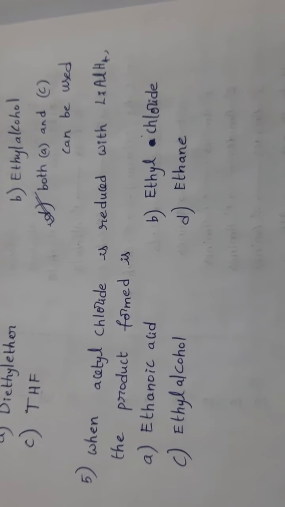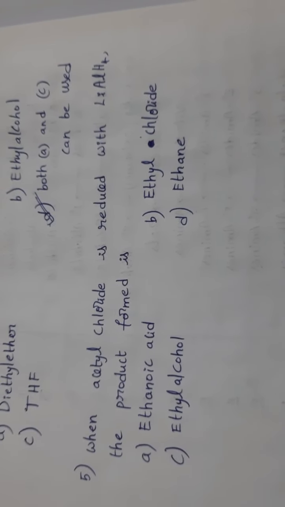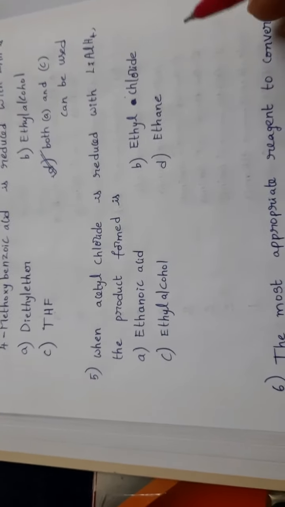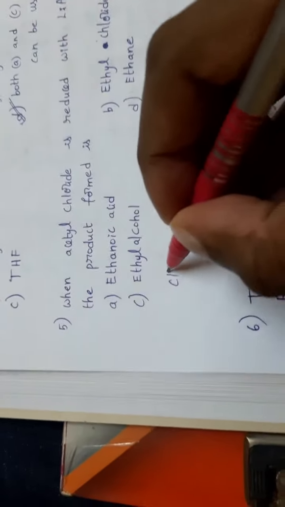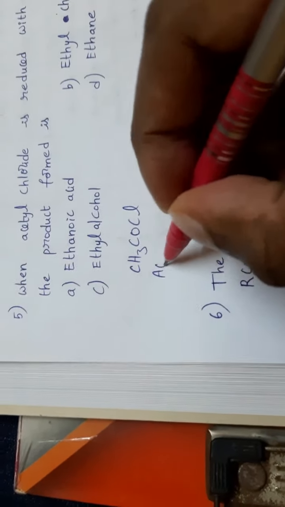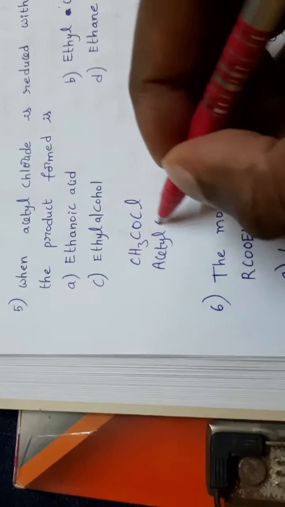Next, acetyl chloride is reduced with LiAlH4. The product formed is, see the reaction, acetyl chloride, CH3COCl. This is the acetyl chloride formula.